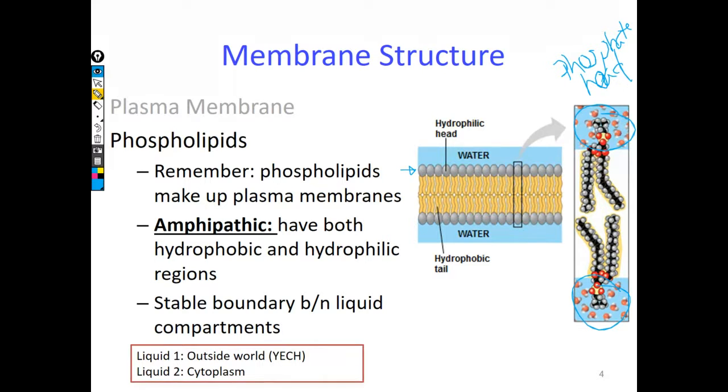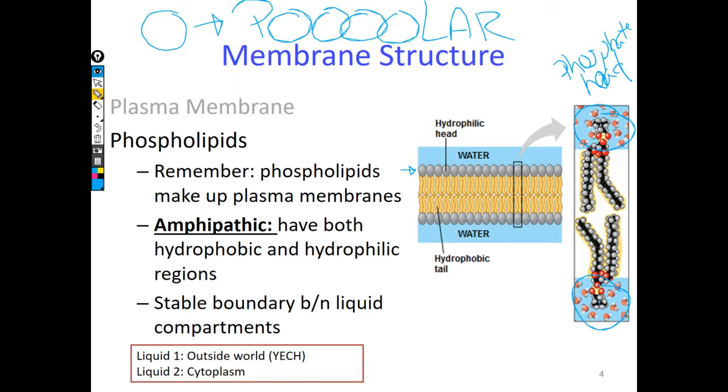Remember, my phosphate heads are a phosphate surrounded by 4 oxygen. When I have oxygens, that means I'm polar. An oxygen starts with an O, both, right? So that means I'm polar. That's the way I remember that. I see that question come up a lot in your exit tickets. So oxygen is what makes something polar.